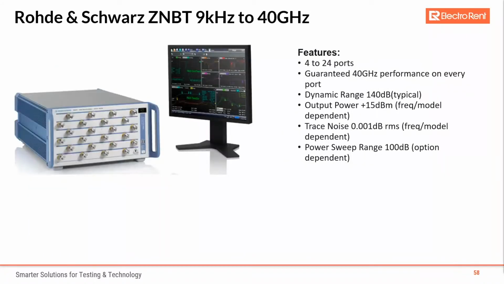Rohde & Schwarz has their ZNBT series vector network analyzer that can do anywhere from 4 to 24 ports, depending on the amount of ports you wish to order. Guaranteed performance of 40 gigahertz on every port, has good output power and dynamic range as well. Again, this is popular in a production environment, complex radio communications, aerospace defense industry.